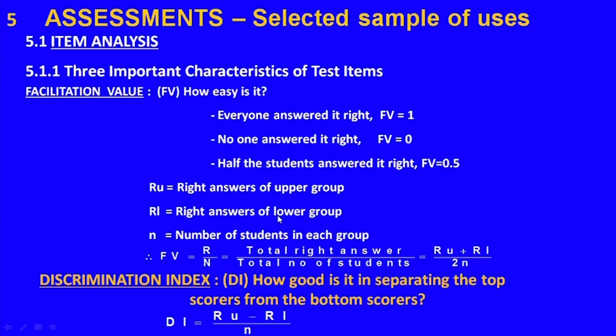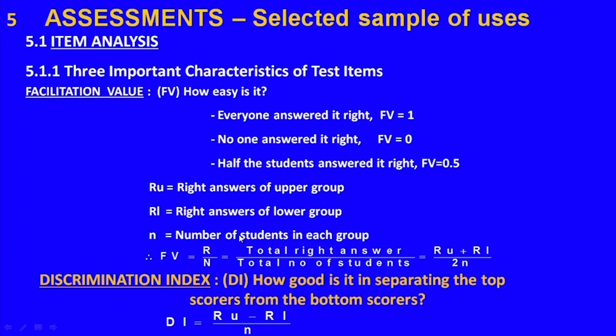We now denote by RU the right answers of the upper group, where U stands for upper and R stands for right. Right answers of the lower group we call RL. And small n is the number of students in each group.